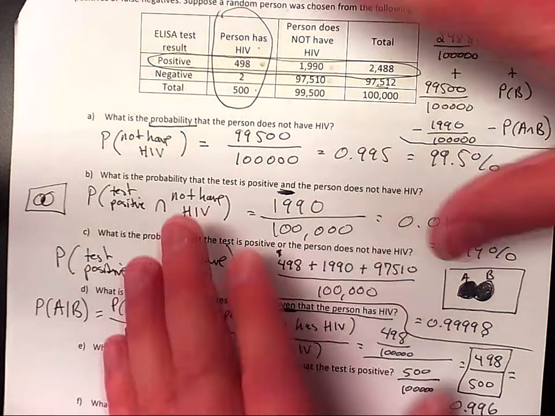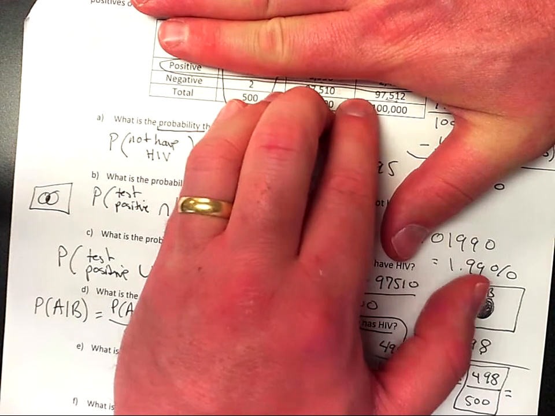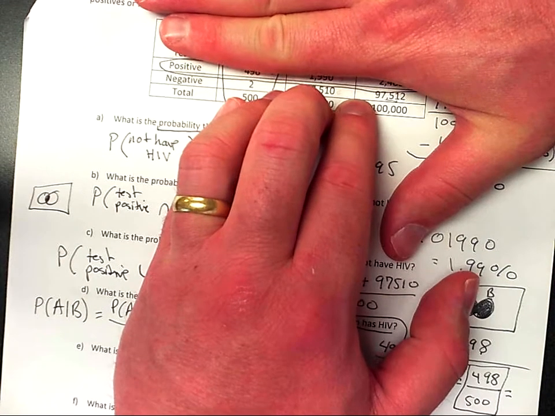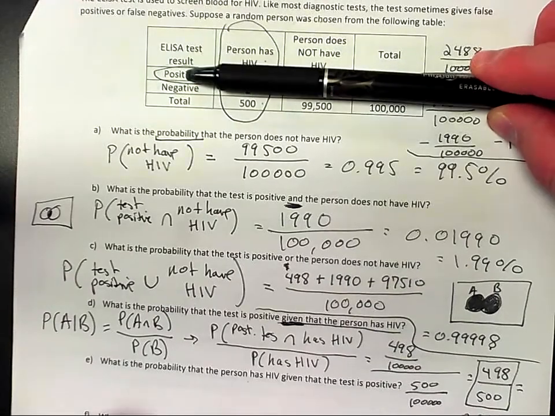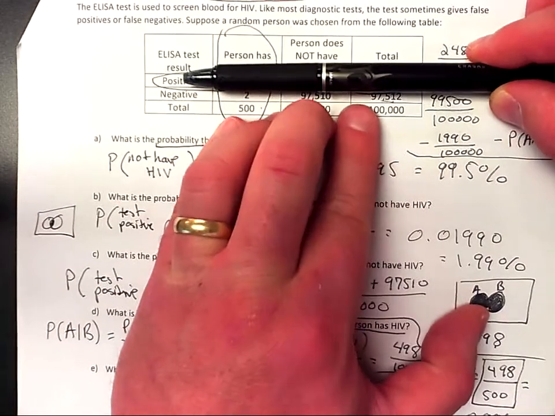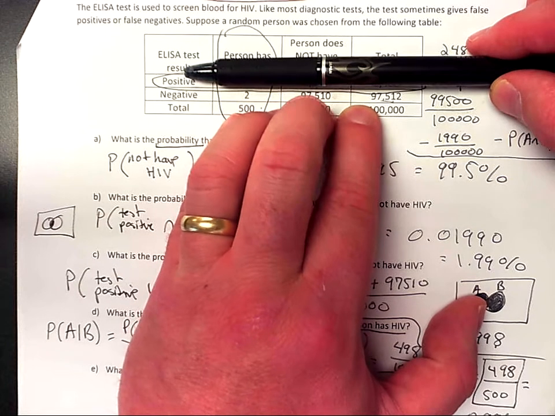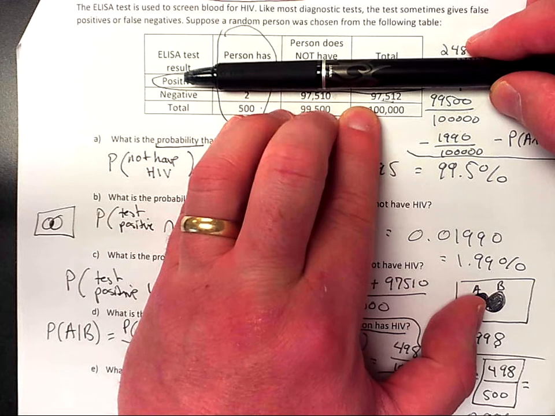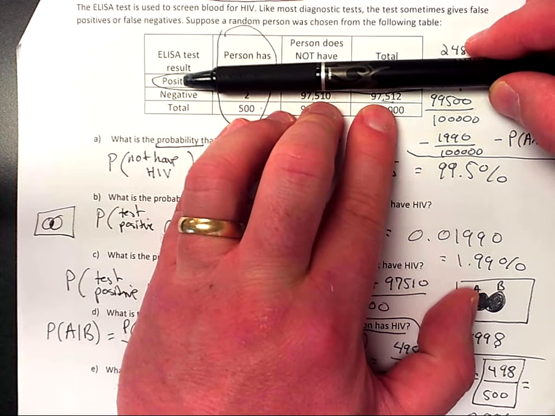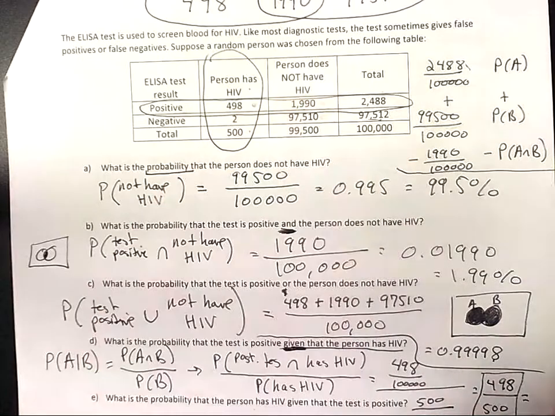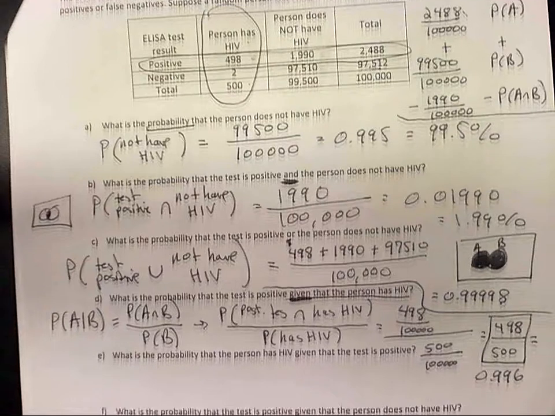Just the test being negative. So you're just going to focus on this line right here, right? You're not going to focus on this first line or the total line. You're just going to focus on that line right there. The 97,510 and the 97,512. You guys get the gist? So wherever you see given, that's the only thing that you focus on. All right.